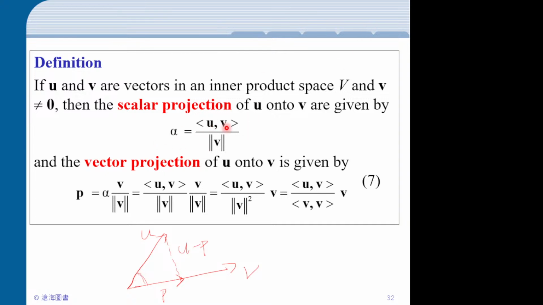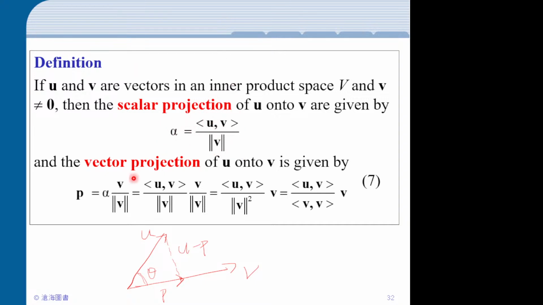For your memory, remember in the Rn case, the angle here is theta, and the inner product is the length of U times the length of V times cosine theta. So the length of P, call it alpha, is the length of U times cosine theta, which is the inner product of U and V divided by the length of V.